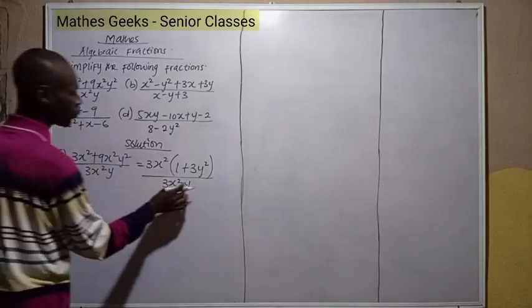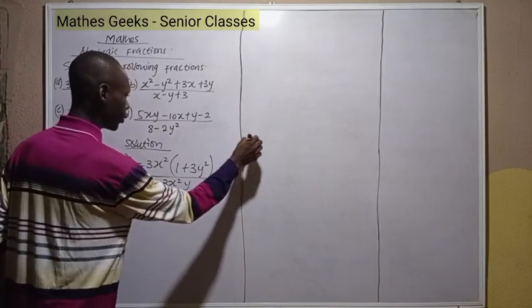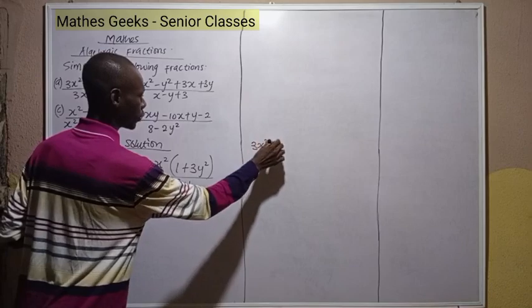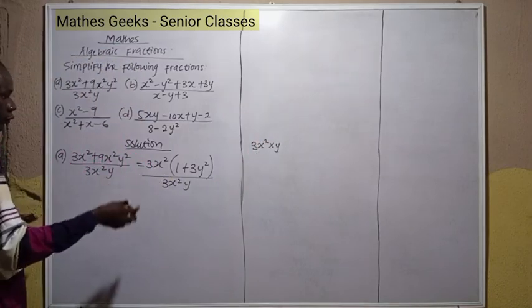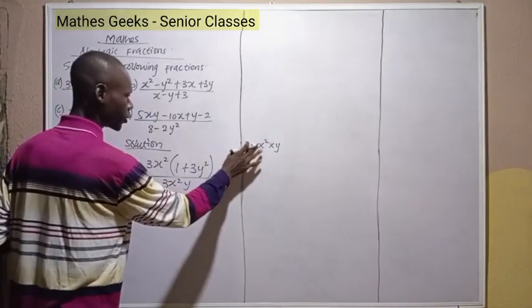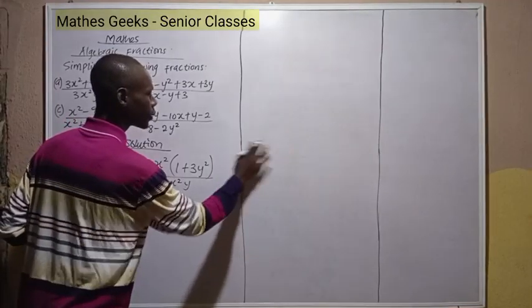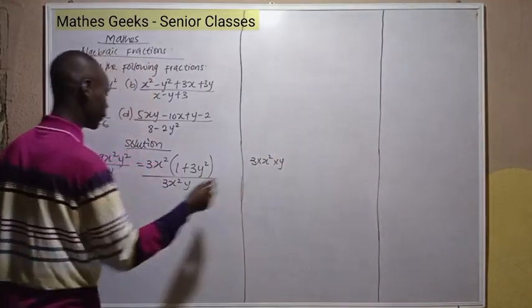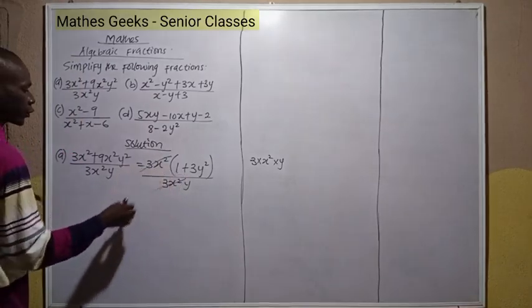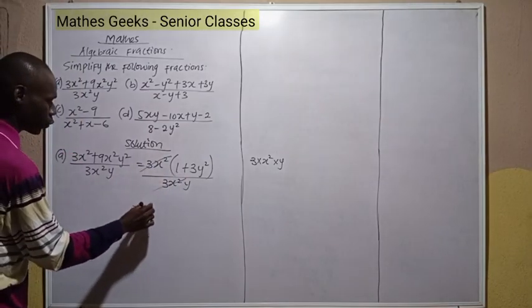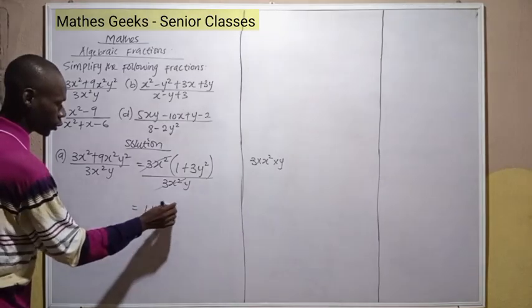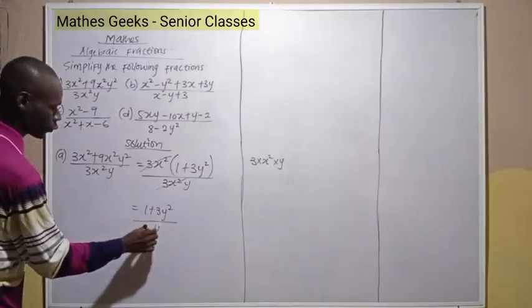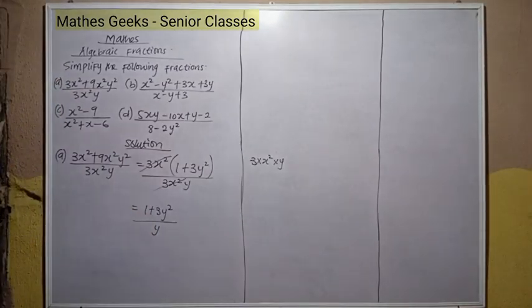Don't forget that 3x squared y means 3x squared times y. So if you split it, that's what you're going to have. Or you can also say it means 3 times x squared times y. Anyway, this will cancel this. You'll be left with 1 plus 3y squared over y. So that's the answer to A.